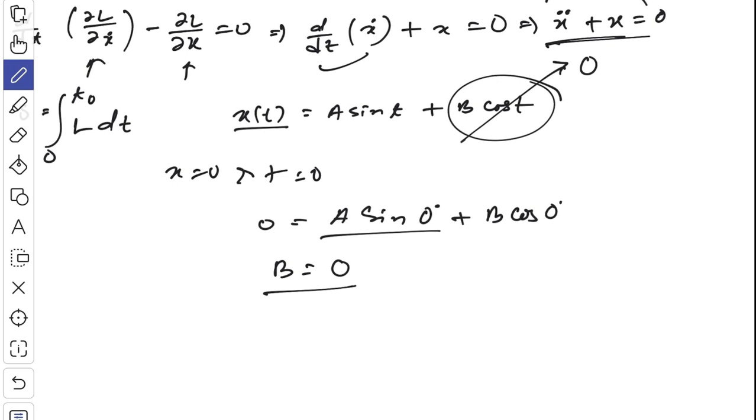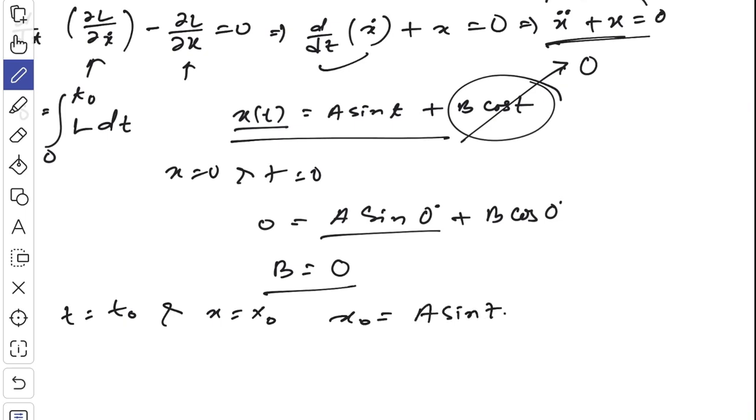Remember one more thing, that when time is t naught, then x was x naught, isn't it? So in that case we can write, using these conditions, x naught is equal to a sine t naught, as these terms become 0 after putting this value of b.